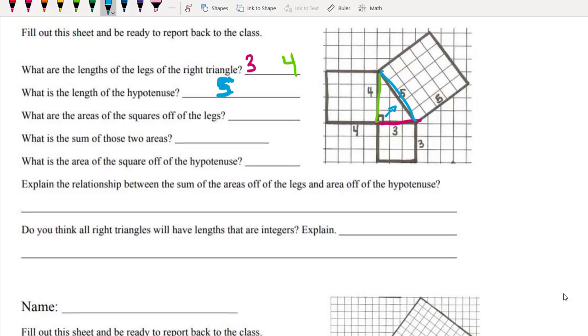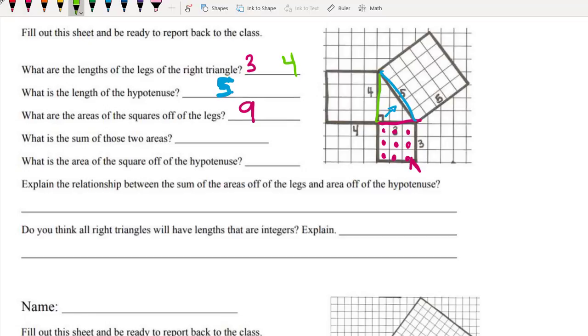What are the areas of the squares off of the legs? The area of this square right here, we could count the little squares inside, or if you know the square is 3 squared for the area, 3 squared is 9. Either way you do it, you're going to get 9.